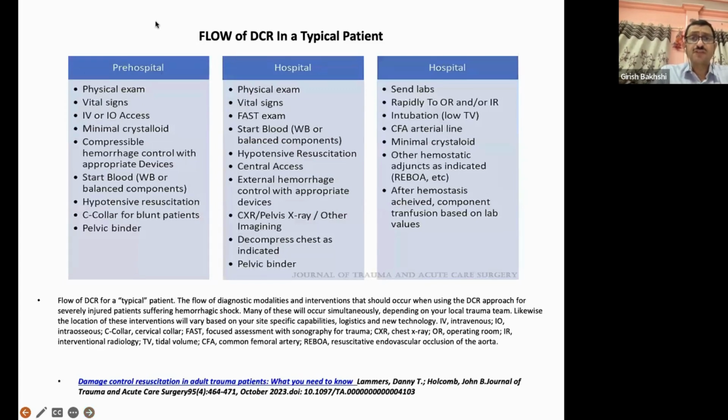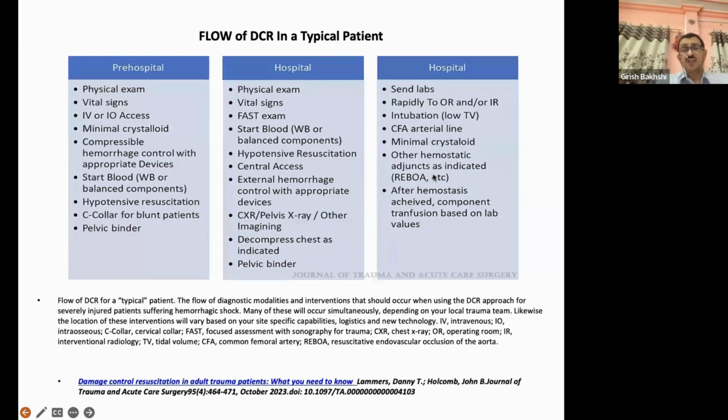So in a patient, damage control resuscitation starts from pre-hospital, goes to hospital, where everything is worked by a team. Now, there have been institutions where there is something known as REBOA, resuscitative endovascular balloon occlusion of aorta.